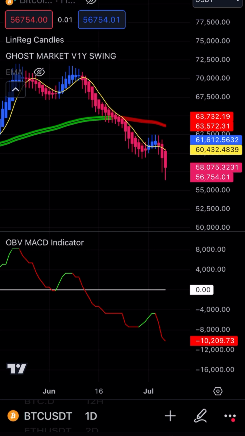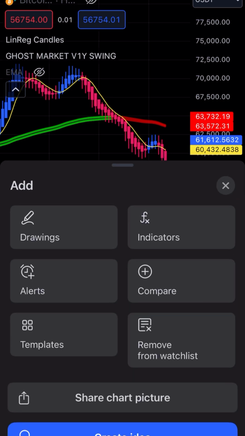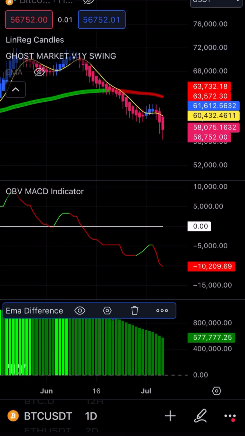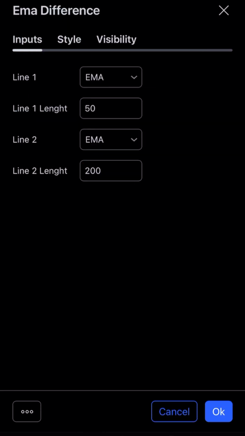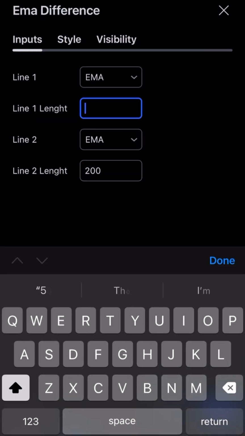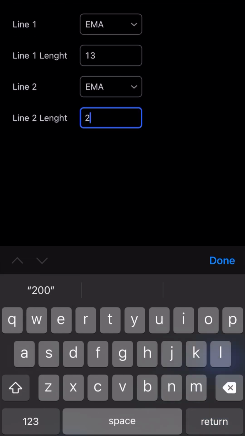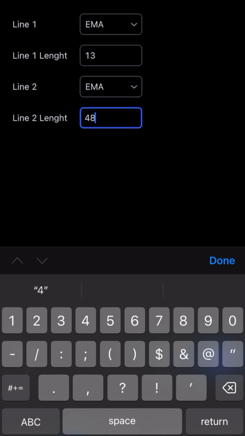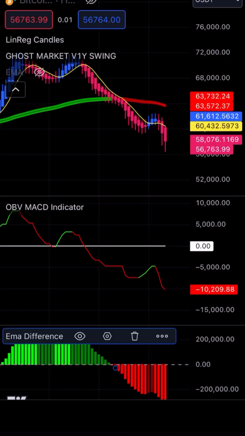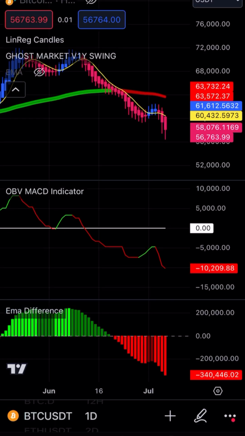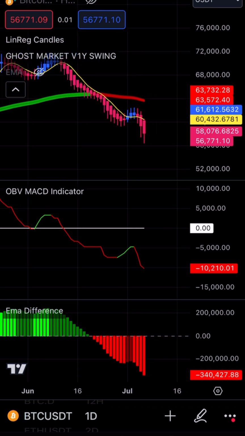Then we got our EMA difference here, so you want to go to difference of two moving averages and put in 13 and 48. That sets everything up: the linear line strategy, the 9095, the OBV MACD indicator, and the difference of two moving averages with 1348.